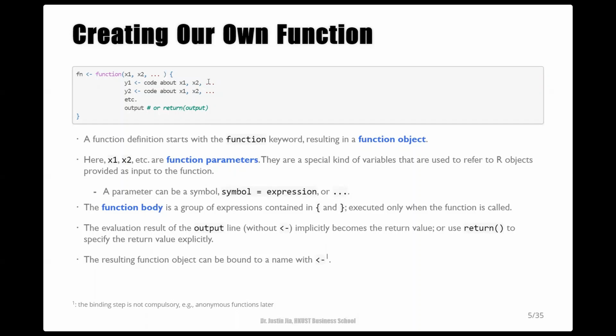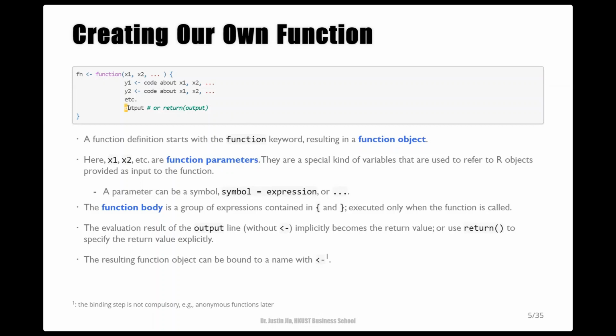Create some intermediate variables called y1, y2, and perhaps many others. And then we may do something more with these intermediate R objects. But typing down these expressions in a function definition won't make them run or execute. The function body will not be executed until the function is called.